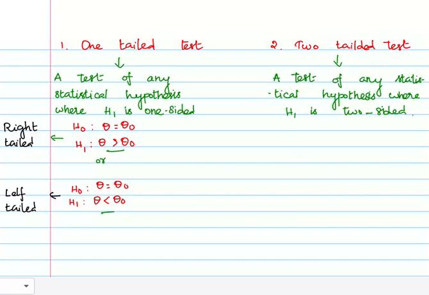That is, H1 is theta not equal to theta naught, and the null hypothesis is theta equal to theta naught. This means theta is less than theta naught or theta is greater than theta naught. That is why it is two-sided.